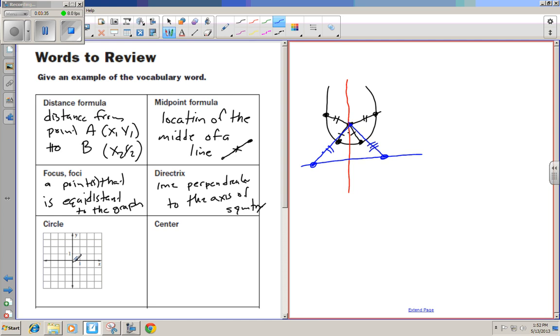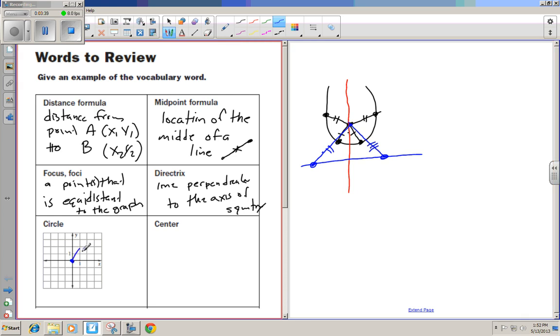A circle, you want to make sure you point out that it has a center and a certain radius. With a certain radius of, say, right like this. So then that circle goes around that center in an equal distance way.